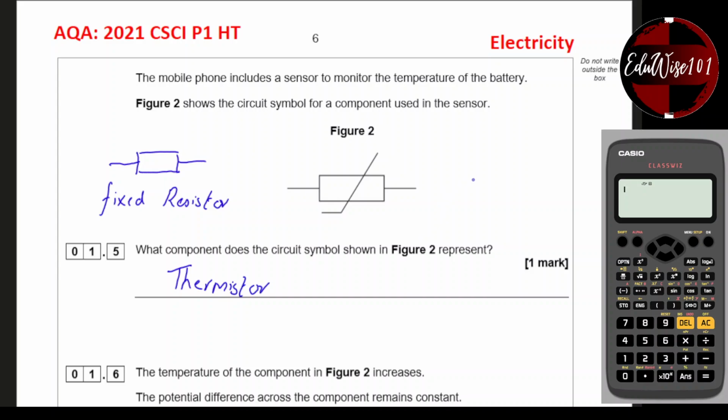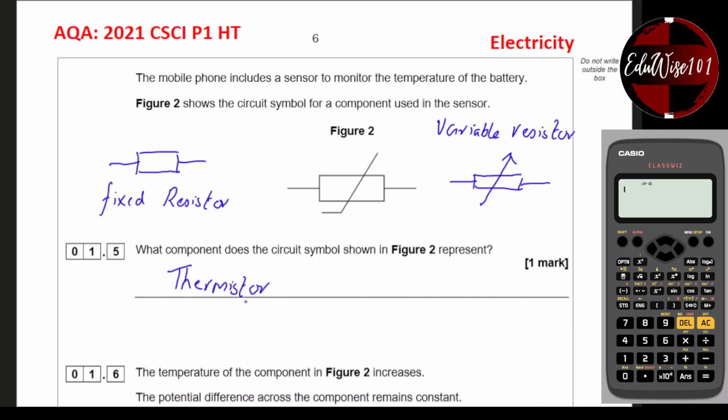Now if it showed a rectangular shape like this but with an arrow, that's a variable resistor. So there are mainly 3 types of resistors that you can be tested on. You'll have to remember the circuit symbols and the names.